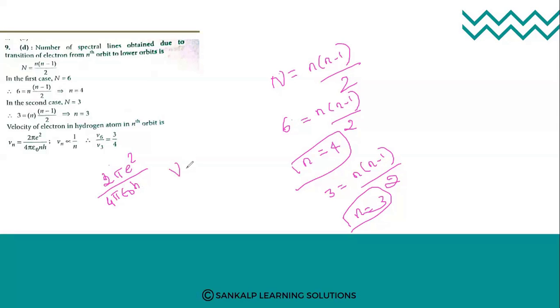So we can say the velocity is inversely proportional to the value of n here, right? As they are asking the ratio of the velocities, the velocity for the 6 transitions to the velocity for the 3 transitions, since it is inversely proportional, it will be 3 divided by 4. Option D is the answer.